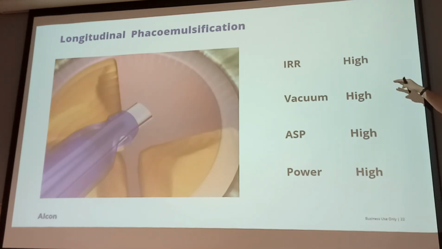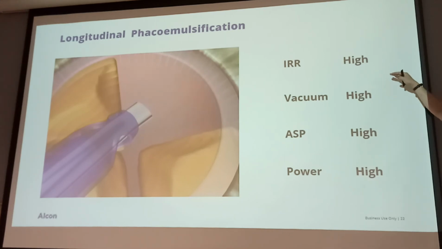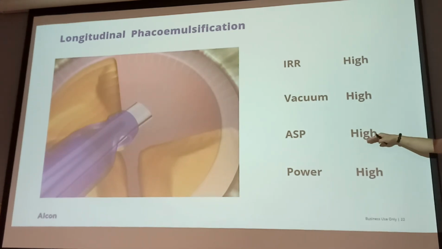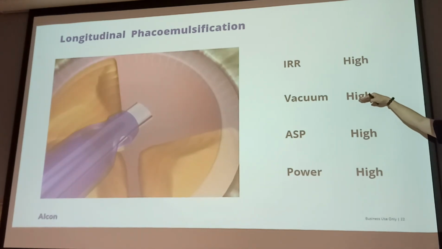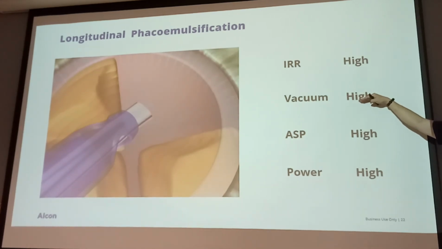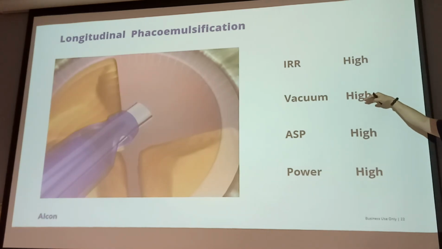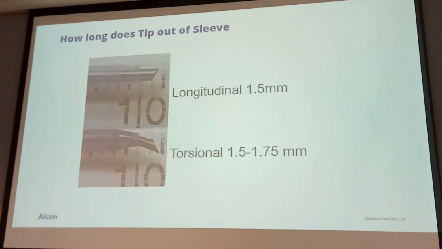So for the irrigation setting, we need it to be high, because the aspiration needs to be high to build the high vacuum faster, to decrease the chatter, right? And we need high power because it's only one-way heat on the nucleus. Okay, so this is the traditional ultrasound.